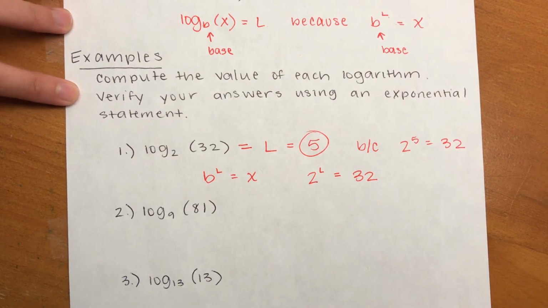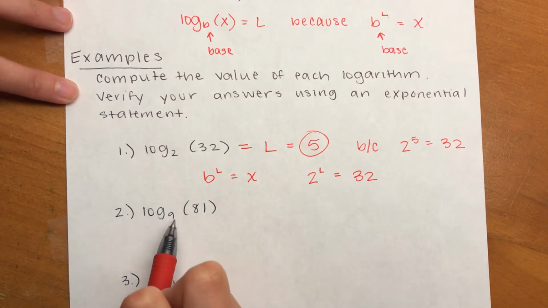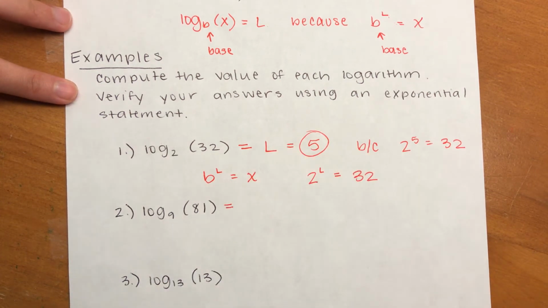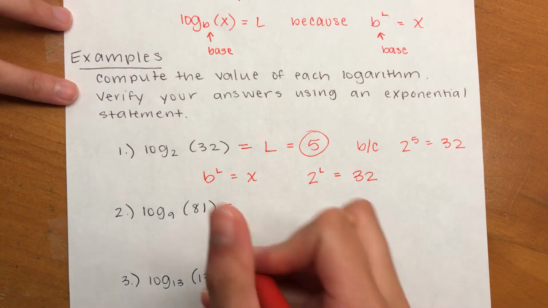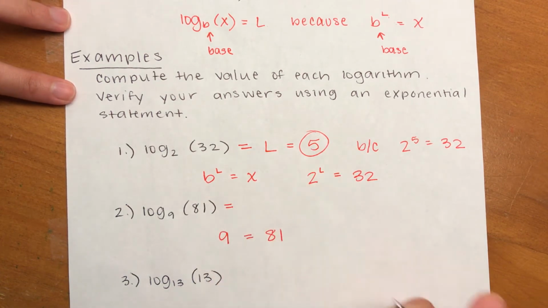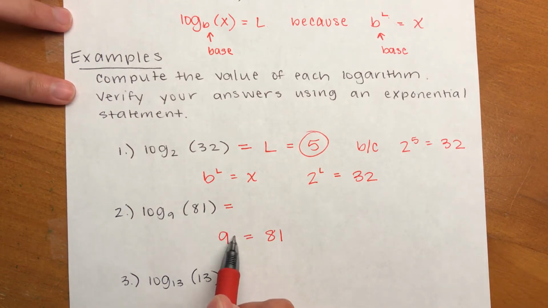Let's do one more. If I have log base 9 of 81, I want to know what that's equal to. So I'm going to think, okay, 9 to what power equals 81?